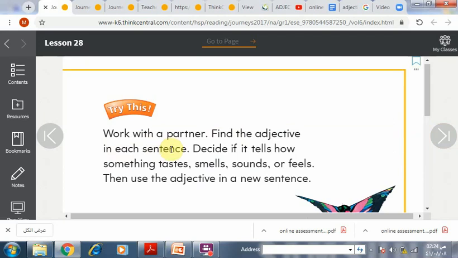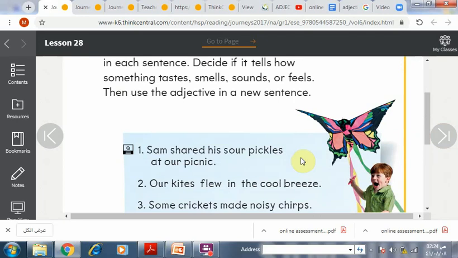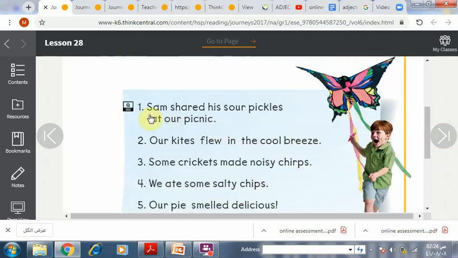Find the adjective in each sentence and decide if it tells how something tastes or smells or sounds or feels. So let's find the adjectives. Number 1. Sam shared his sour pickles at our picnic. Where is the adjective? Is it Sam? No, that's a proper noun. Is it shared?